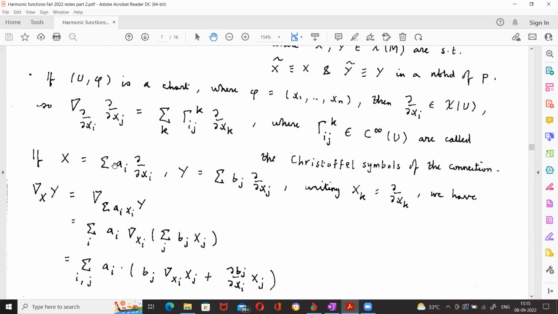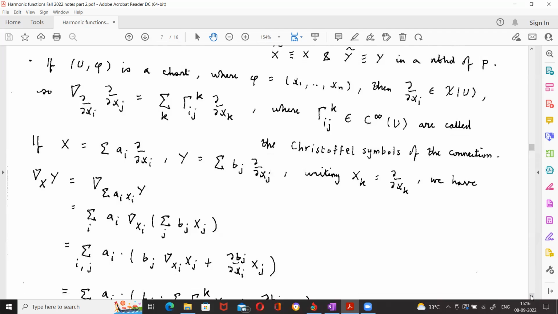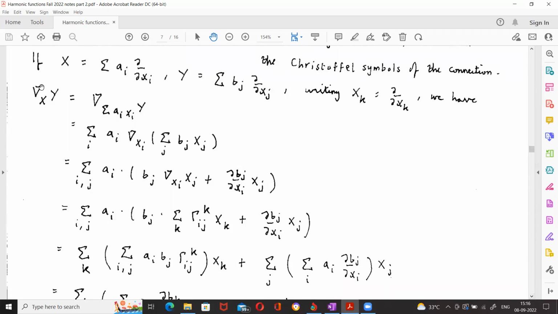Suppose X and Y are vector fields on U. So X is the summation of ai del/del xi, Y is the summation of bj del/del xj. Let's write X_k to be the vector field del/del xk. Now let's compute nabla_X Y.